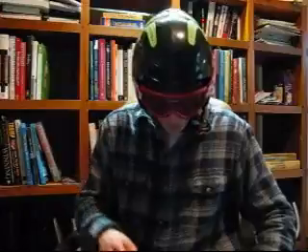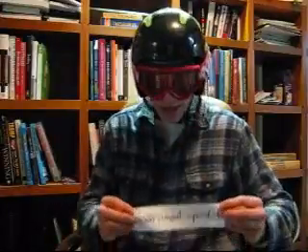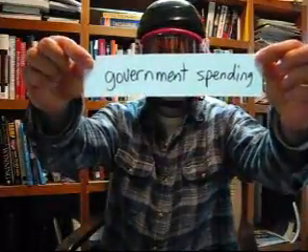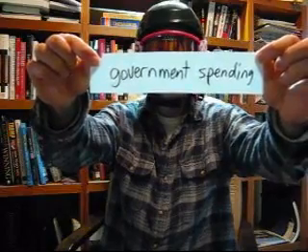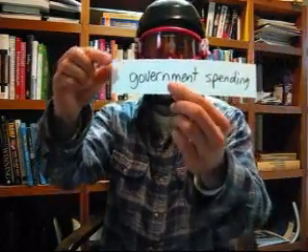The third part of the GDP is government spending. Government spending is all of the money that the government spends, right? But it doesn't include transfer payments to the states.